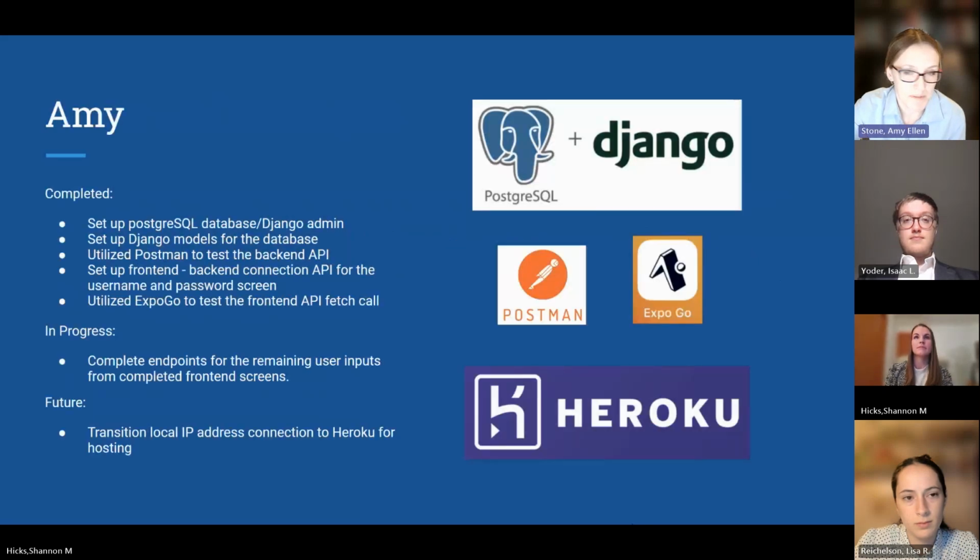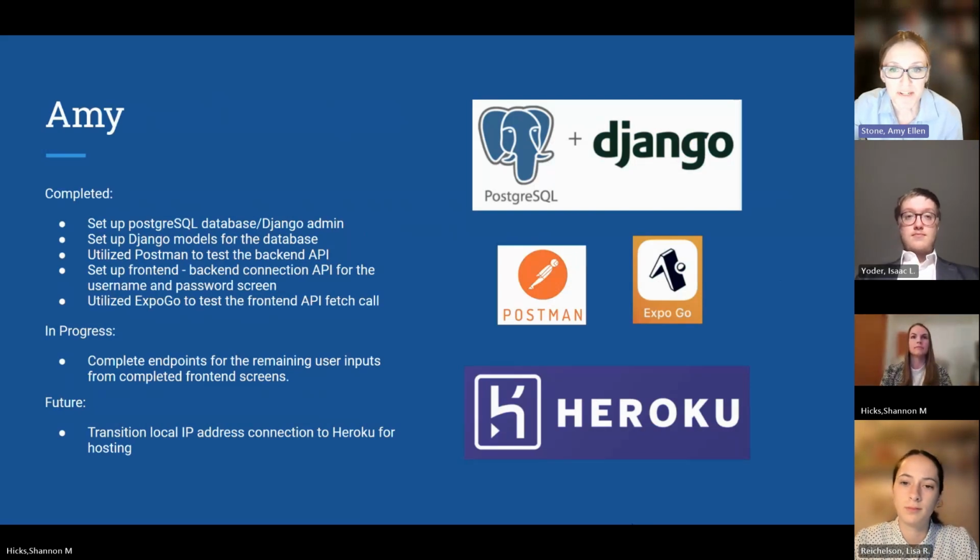And for the individual responsibilities, I first set up our SQL database and Django admin webpage as seen in the demo. After setting up the Django models, we were able to insert data into the tables through the admin page and then see the results for testing. My next step was to make an initial connection between our front end and back end. First, I tested the back end API with Postman to make sure that the back end was set up correctly before I attempted to connect our front end.